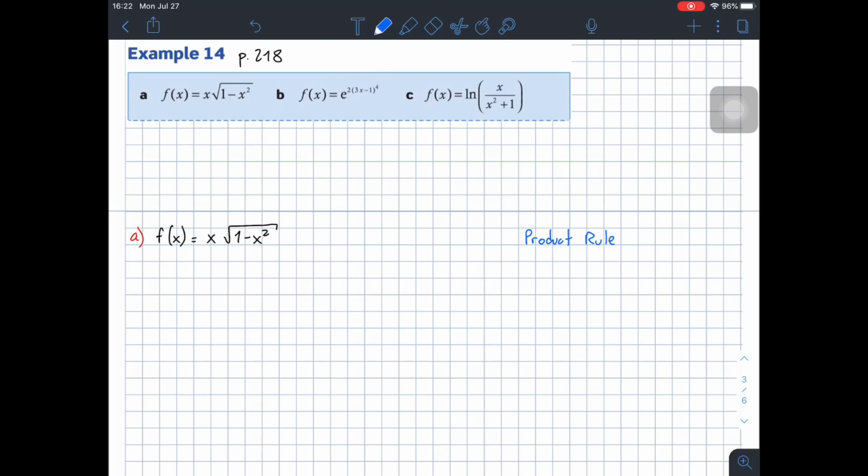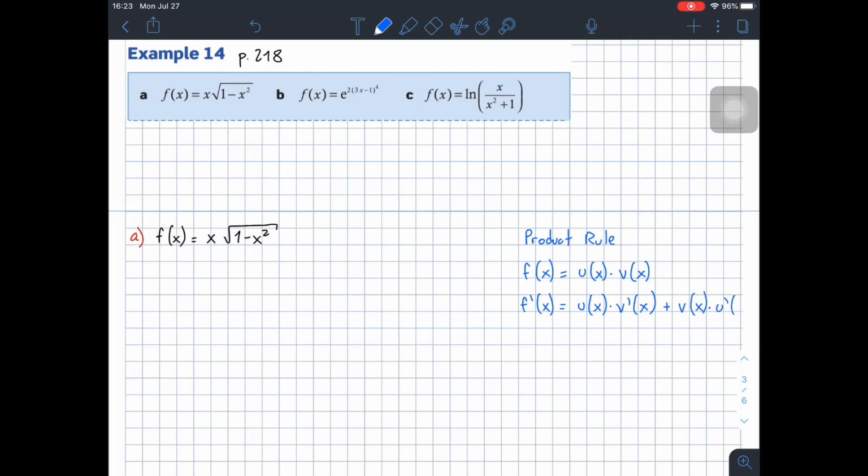If we have a function u times a function v, then the derivative of this function, so if f of x is equal to u of x times v of x, there you go, then f prime of x would be u of x times v prime of x plus v of x times u prime of x.